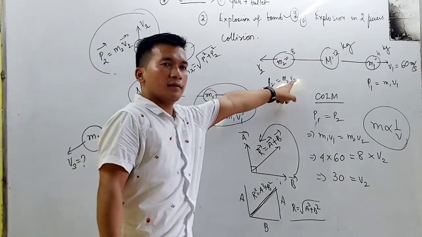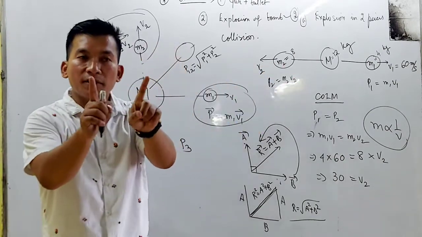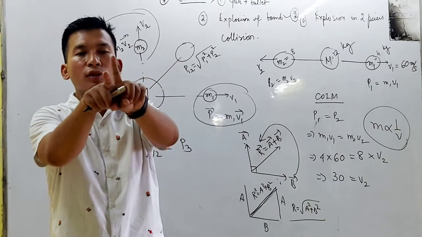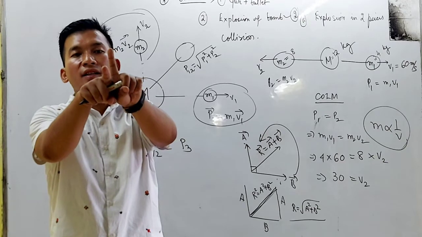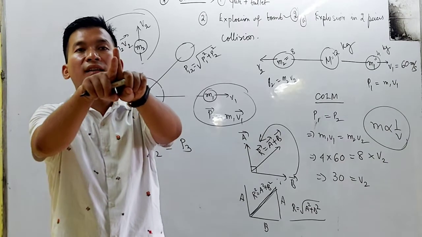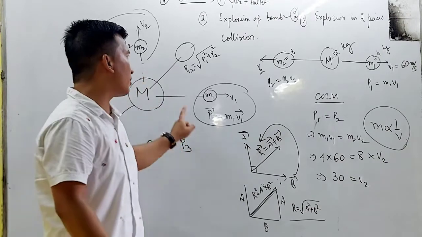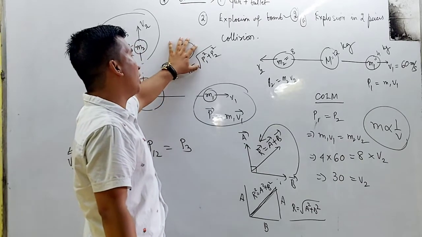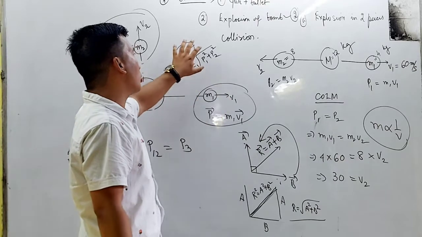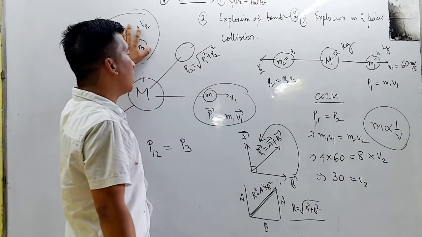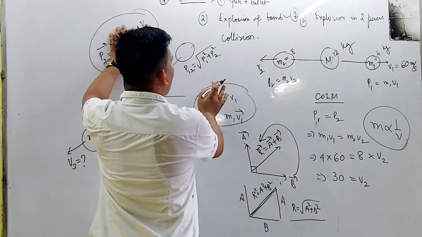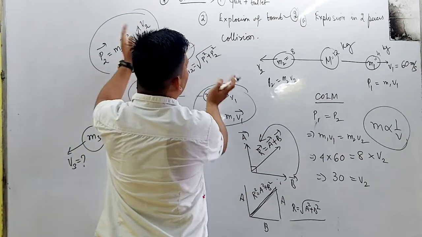Just like this. Out of three fragments, you choose any two perpendicular ones. These two perpendicular fragments are now reduced into one single resultant. This P12 is the combination of P1 plus P2 combined.